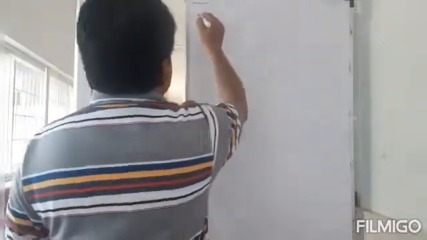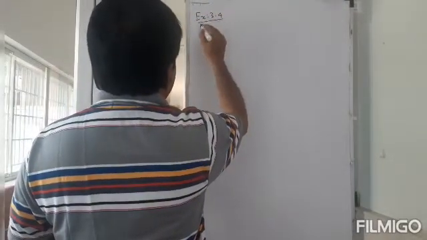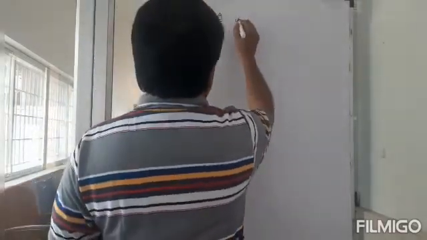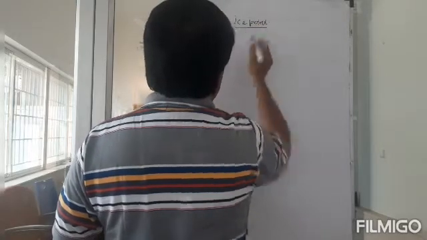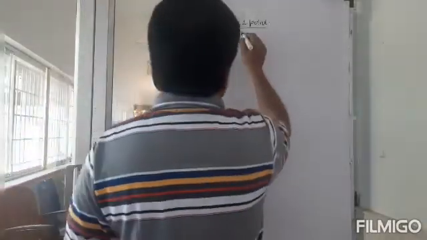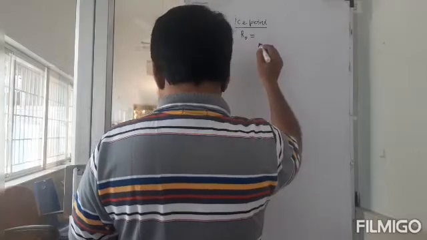In this example 3.4, first is the ice point. The resistance at that temperature is given. I'll call this R naught, and that is going to be 5 ohms.